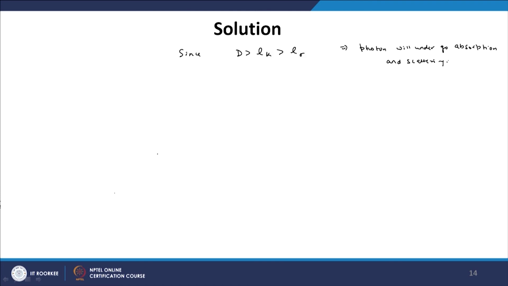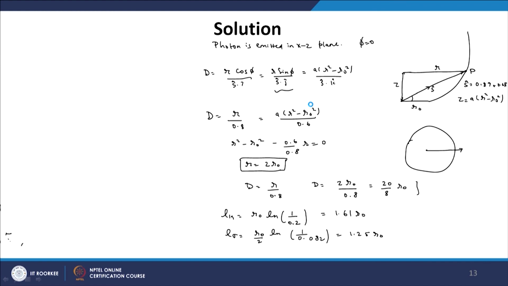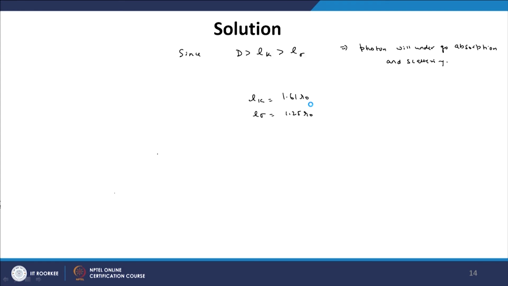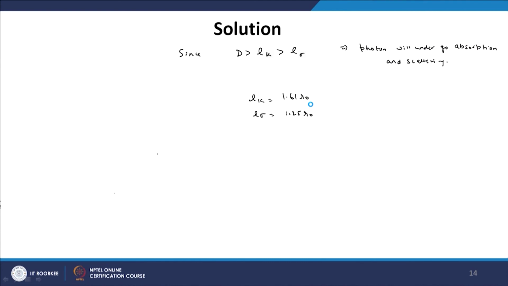Now, how will it undergo absorption and scattering? So, we see that the value of L kappa is equal to 1.61 r naught, and L sigma is equal to 1.25 r naught, as we have already calculated. So, the maximum distance a photon can travel before absorption is 1.61 r naught, which is larger, and the maximum distance the photon can travel before scattering is 1.25 r naught.